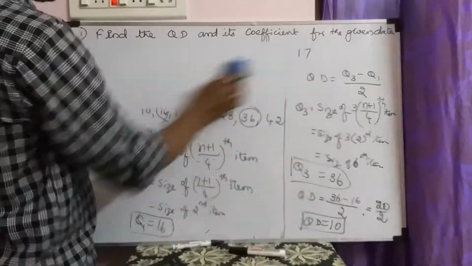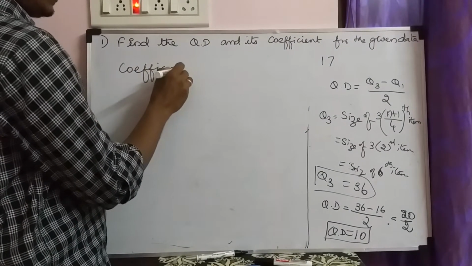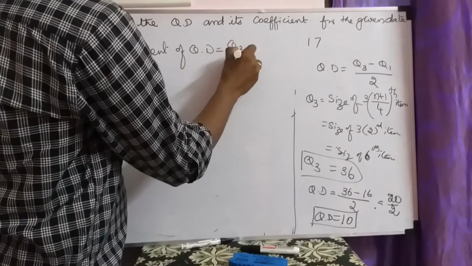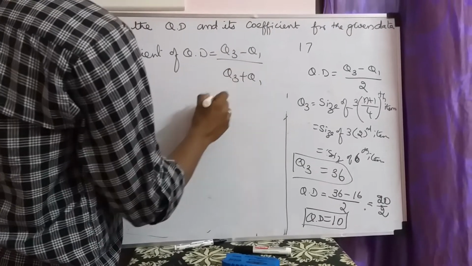Next, the coefficient of QD is equal to Q3 minus Q1 divided by Q3 plus Q1.